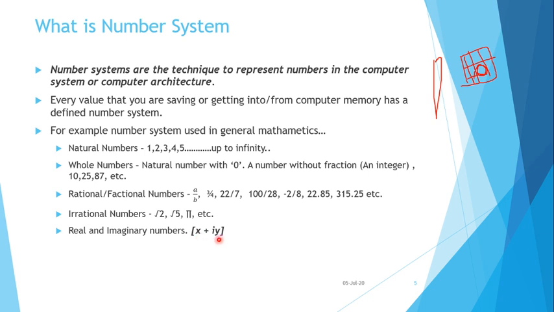So x real, y imaginary. This has again very deep concepts in mathematics which you may be studying in your further semesters. So these are a few number systems that are used in general mathematics. But for now we are concerned with number systems in computer system or computer architecture.